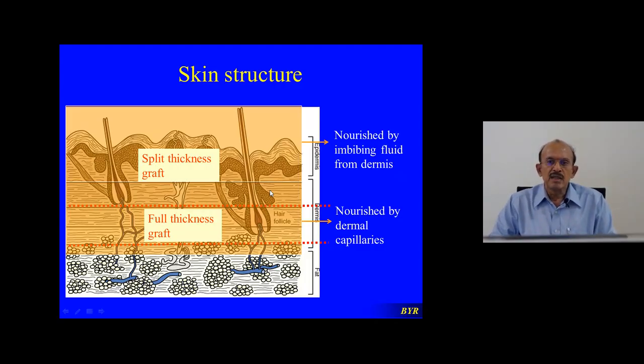So the split thickness skin donated area heals by simple regeneration. But if you take a full thickness graft, the donor area bed is subcutaneous tissue. There are no epithelial islands. So it cannot heal by regeneration. It will heal only by scarring.